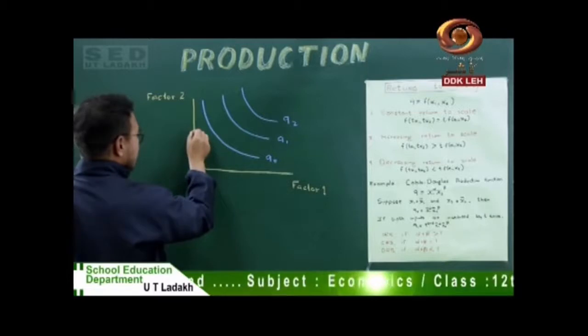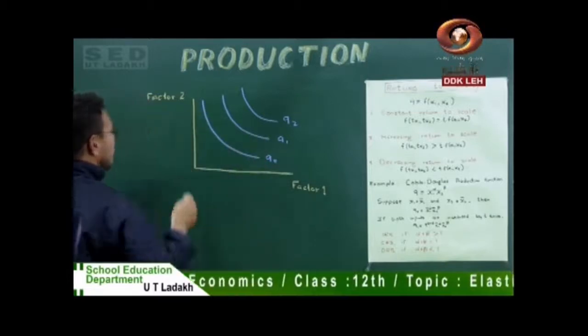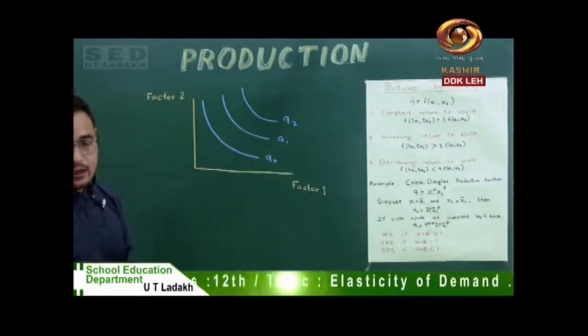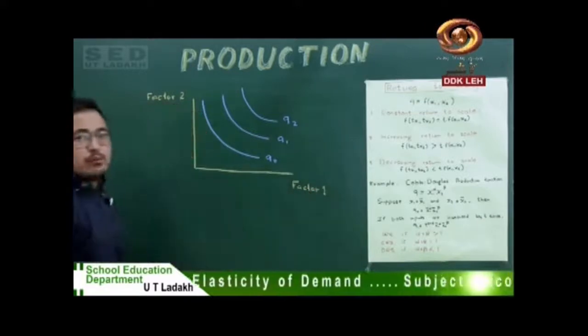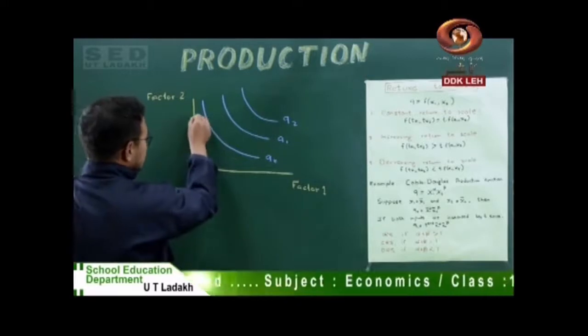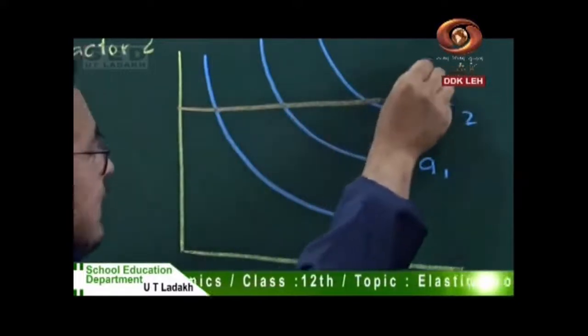Corresponding to this, in the short run, factor 2 is constant. The only way you can increase your production is by employing more and more of factor 1. Say this is factor 2, which is constant, so I'm putting a ceiling.